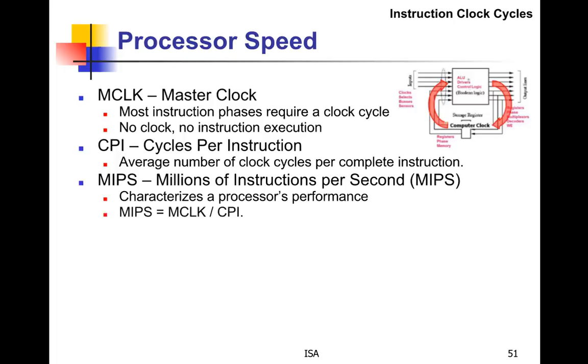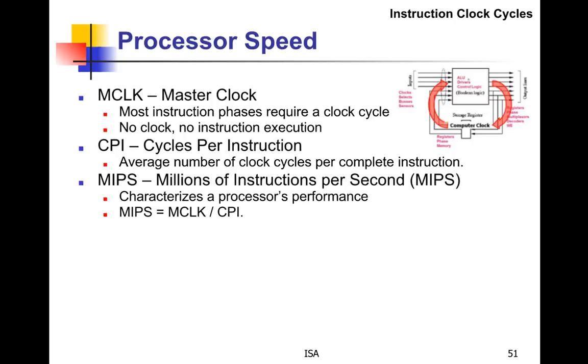So MIPS is equal to M clock divided by CPI. The units on M clock are cycles per second, and CPI is cycles per instruction, I'm sorry.